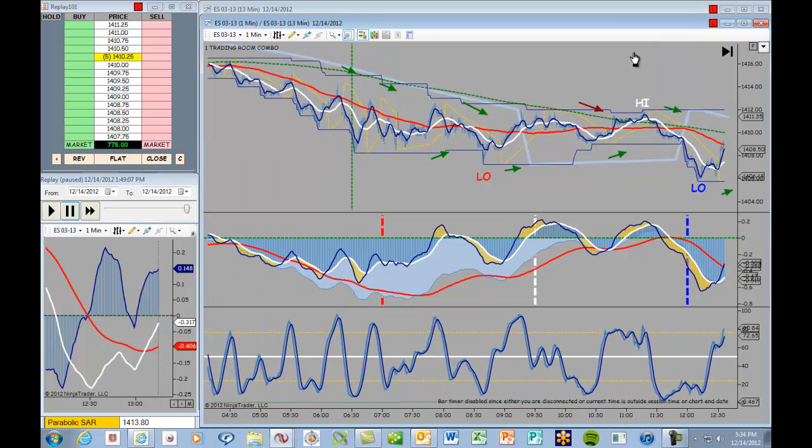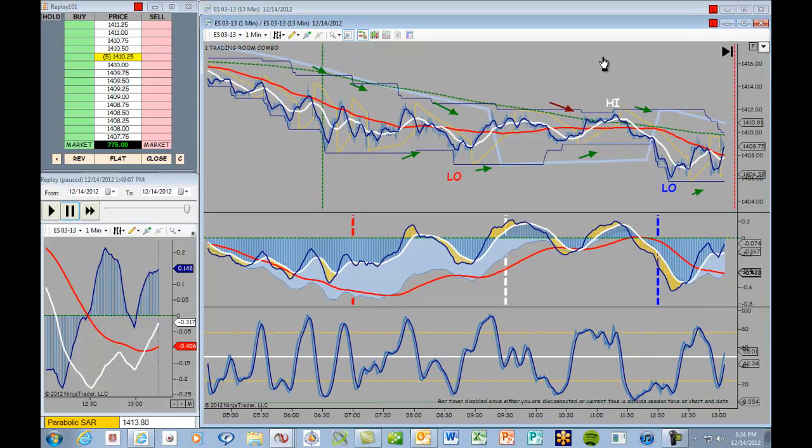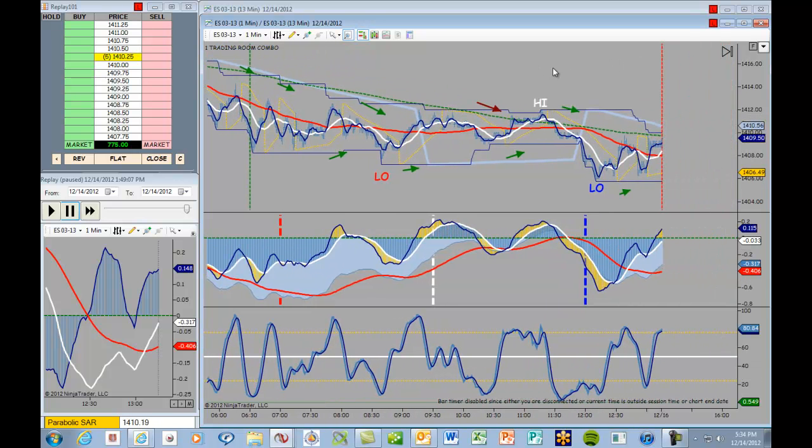So we took 1, 2, 3, 4, 5, 6, 7, 8, 9 trades, and we won on 8 of them and made 775. And I think we lost about 112 on that losing trade there. So we would have had a little closer to 900, but 775 is very respectable, especially for a 3-contract, 2-target account. So there you have it.